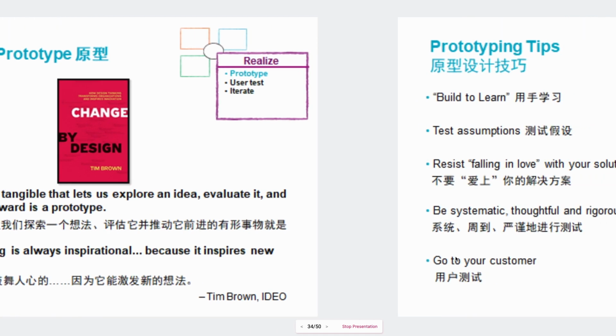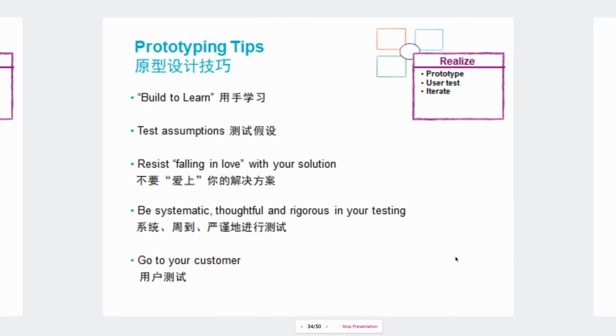Okay, so here we can share our prototyping tips. Design thinking is more about doing. It's more about what we call bias toward action. So we focus our part more on the action. When you do it, we need to make mistakes cheaper and earlier. When you make mistakes earlier, you can learn from them.